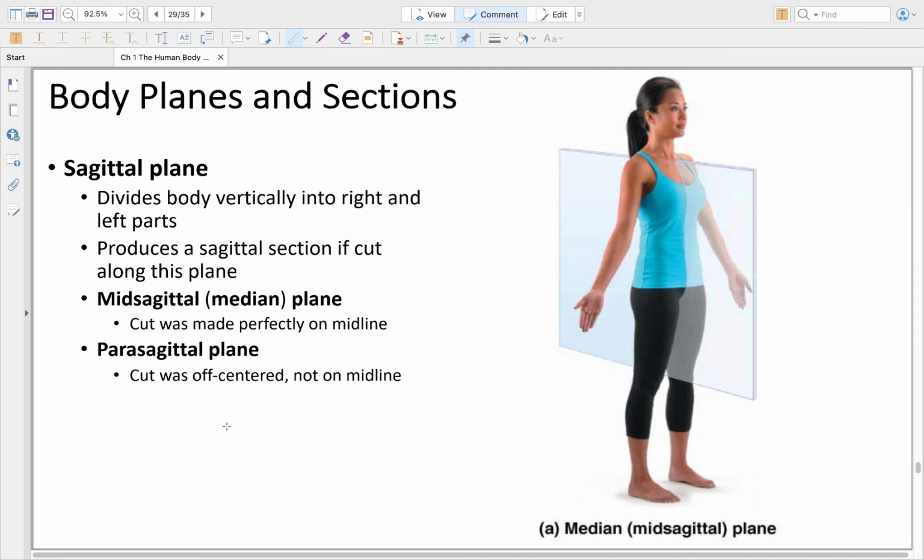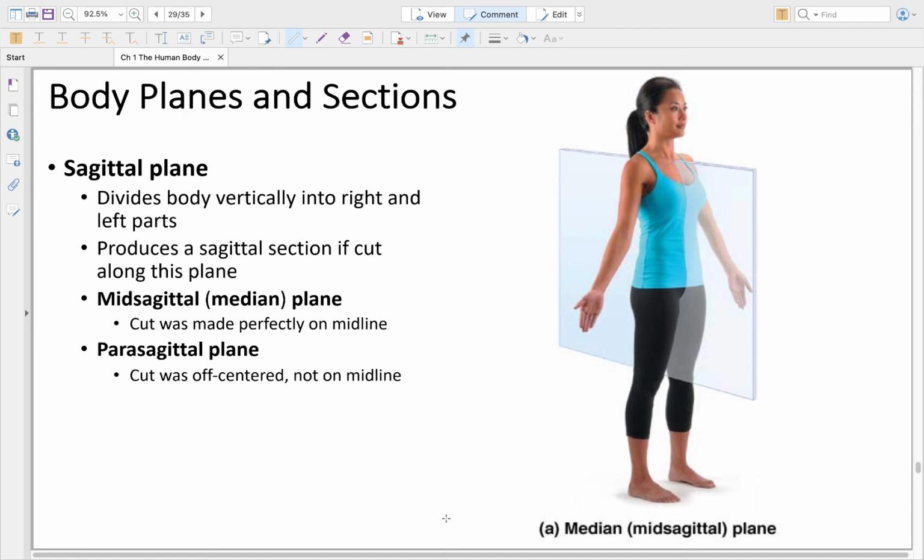This first plane is called the sagittal plane, and the sagittal plane divides the body into a right and left side. So if you see this, it's kind of like a piece of glass, and it's basically like if we were to cut this person in half, which of course we wouldn't, but if we were to cut this person in this direction, we would get a left and right side that are actually mirror images of one another.